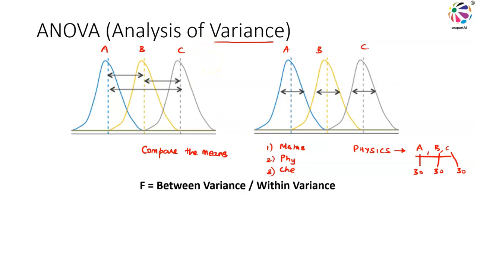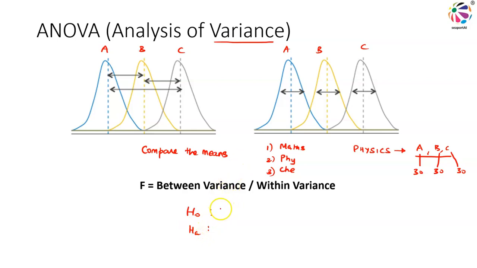When I say the word compare and contrast, am I not talking of difference? And difference is best understood by using variance, which is why for comparing the means, we are actually using variance.